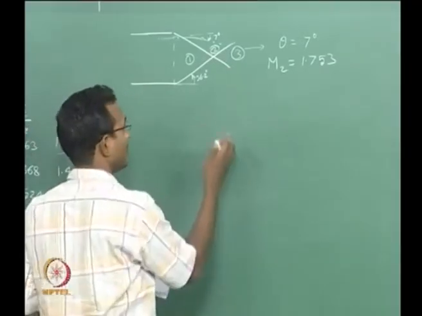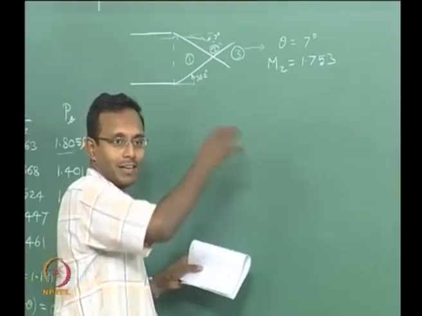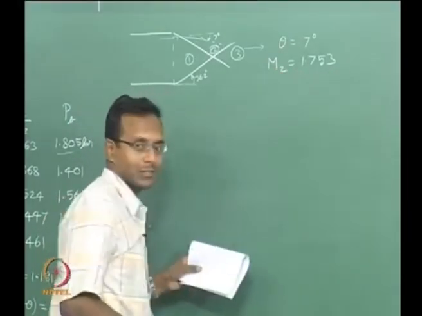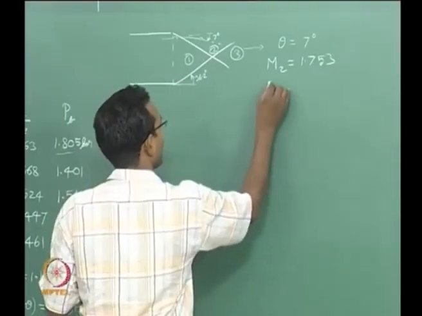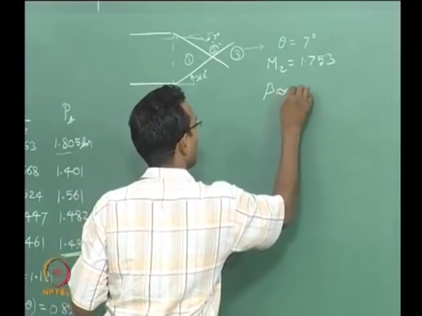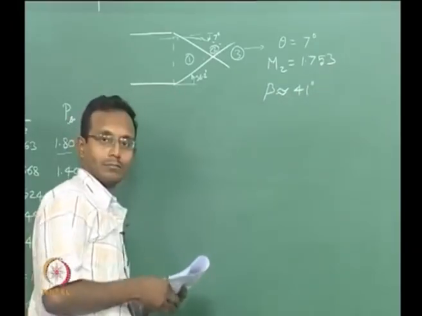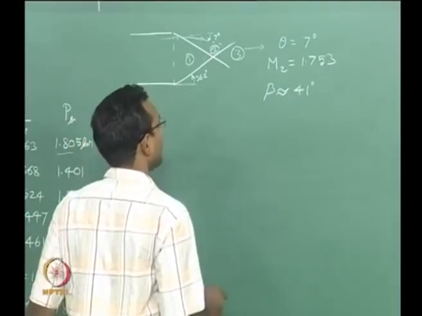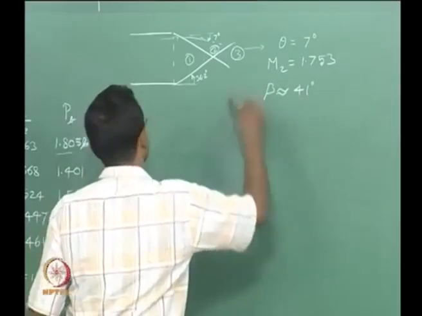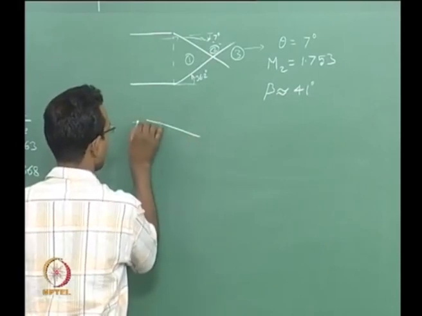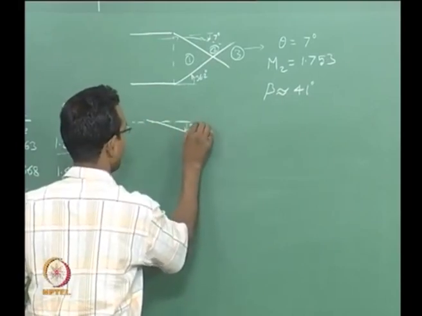This is the easier one because now I can go look at the theta-beta-M chart for 7 degrees and 1.75. I will just interpolate between two curves and I will get to a number, and that happens to be beta approximately equal to 41 degrees. Now, I want to be very clear about what this 41 degree means really. I have a flow with respect to horizontal having 7 degrees.